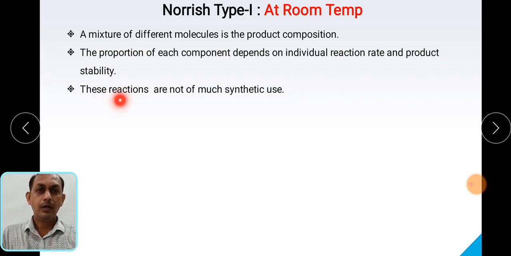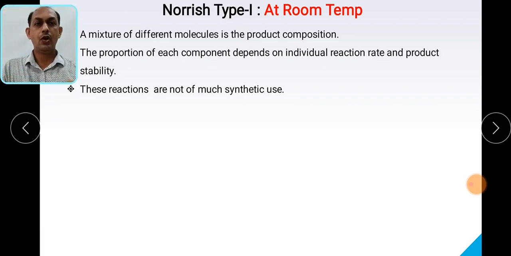So remember, these reactions are not of much synthetic use, because the problem with this reaction is that we can expect more than one product, and such reactions where you get more than one product are not of much use in terms of all the parameters.